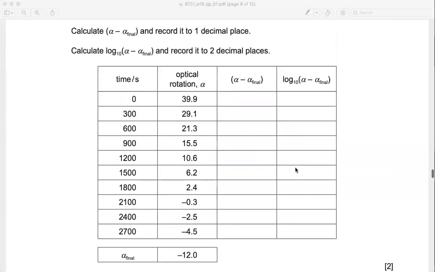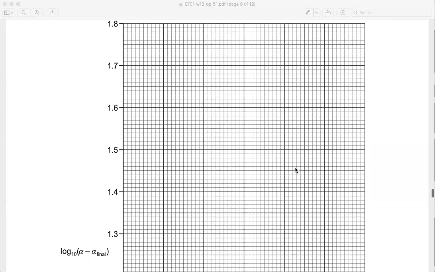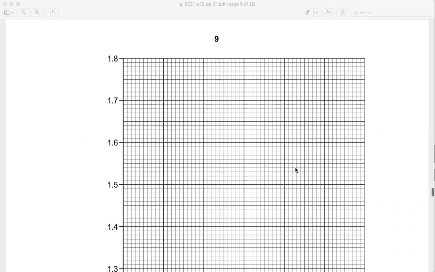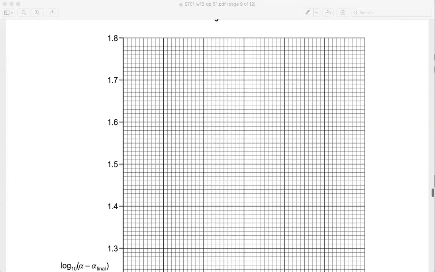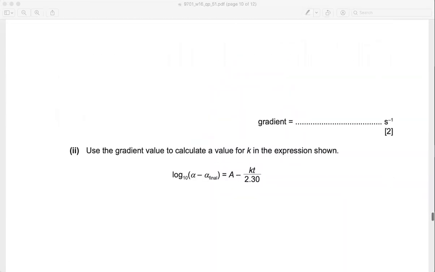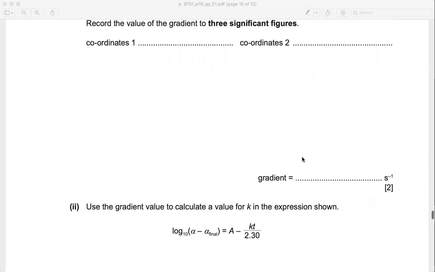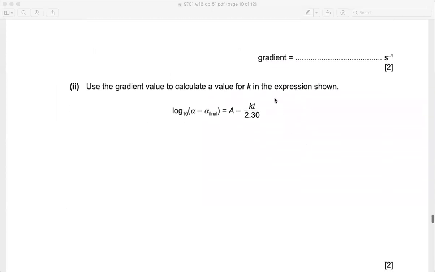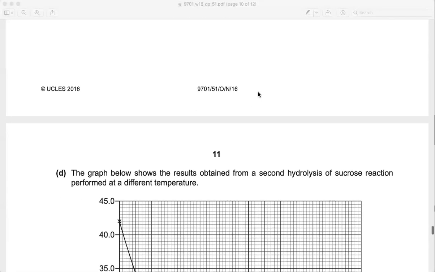Then they ask you to plot the graph, and your graph should be a straight line, a decreasing straight line going down. Okay, I think most of you have done that. Your gradient is a negative number, evidently from the line that you have drawn. But your k, in this case, the value for k must be a positive number. Okay, so make sure you got that as well.